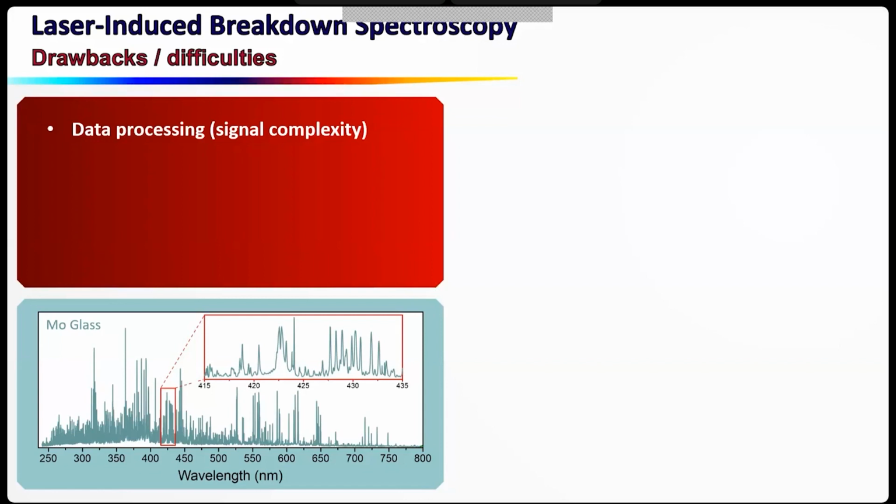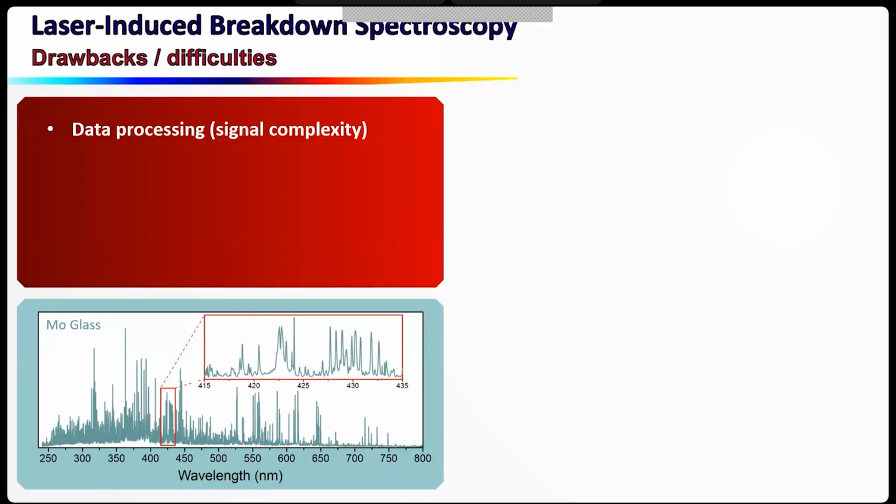So it means that this technique is not so easy, as I said. And you have some strong difficulties with this. The first is the signal complexity. You have a spectrum here. That's just one element. If you look at this signal, you can even say, no, but this is not signal, this is noise.